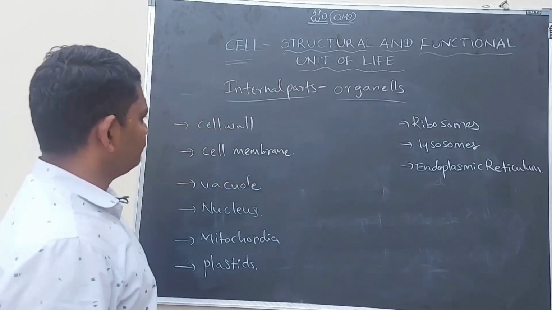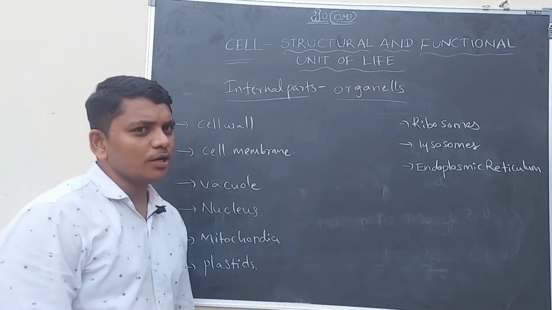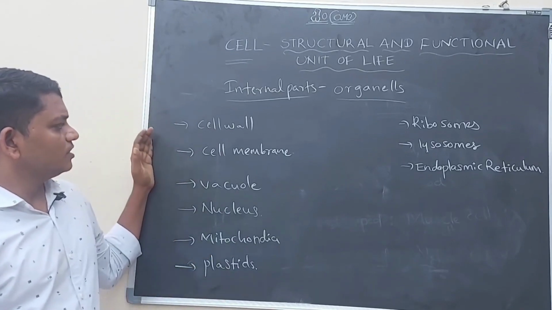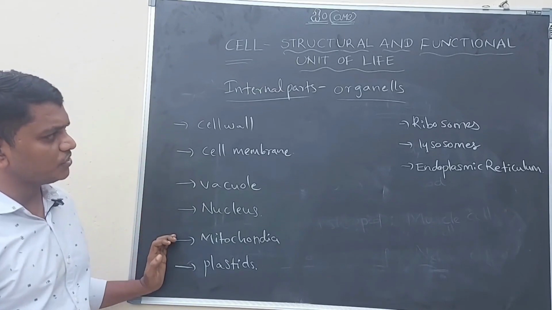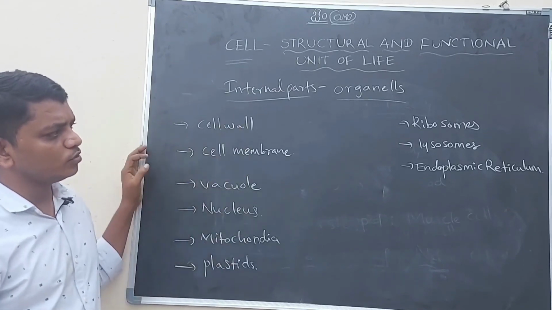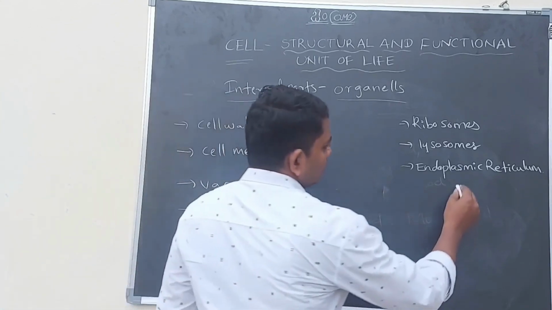So these are important parts in the cell: cell wall, cell membrane, vacuole, nucleus, mitochondria, plastids, ribosomes, lysosomes, endoplasmic reticulum. This is also called as ER.